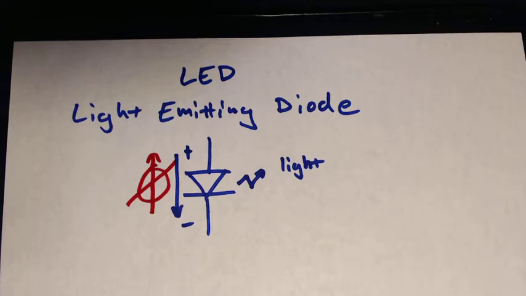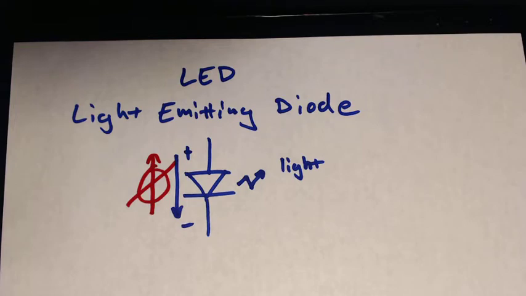Now, the reason I like to use LEDs as a demonstration for understanding diodes is because when they are conducting, they give off light. And when they're not conducting, they don't give off light. I think for computer science majors, they love writing hello world programs.